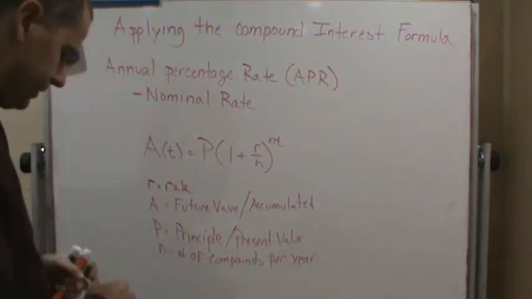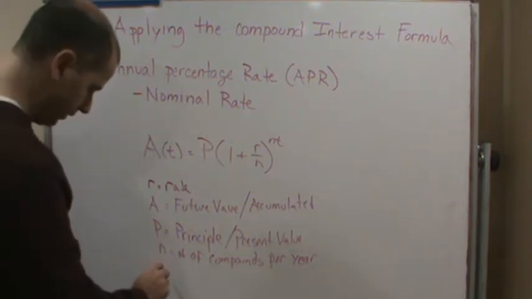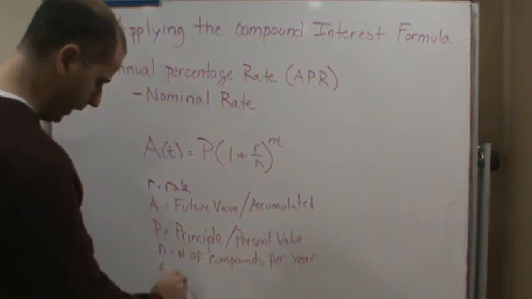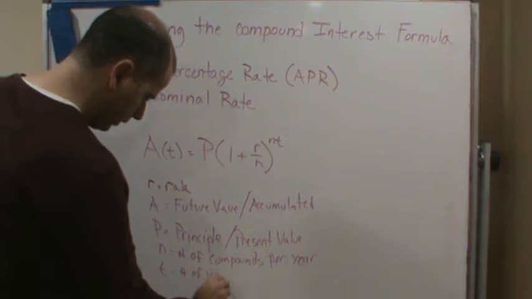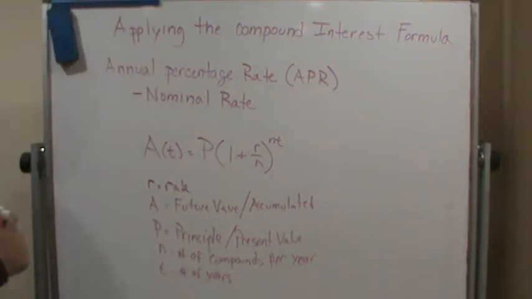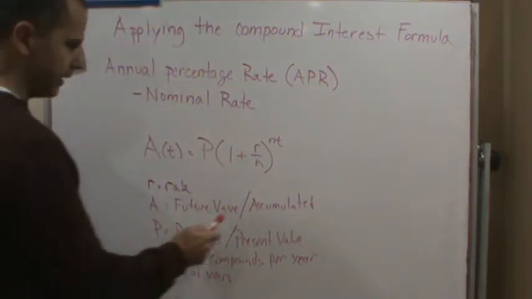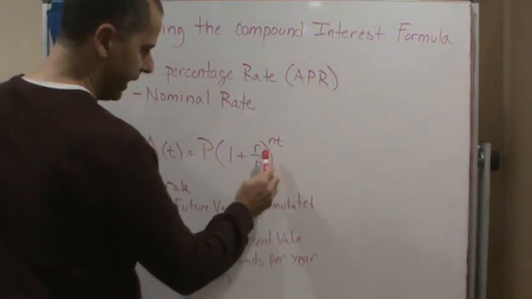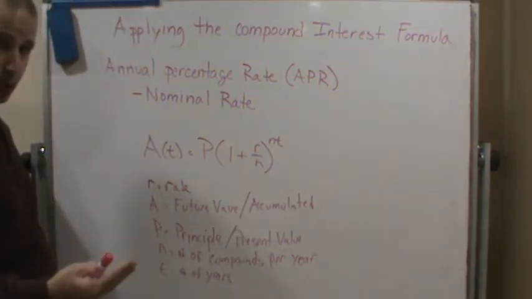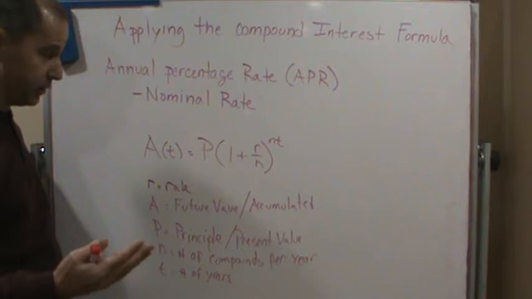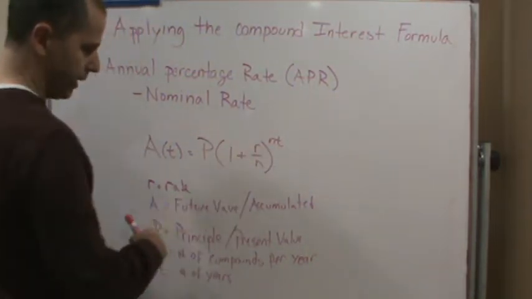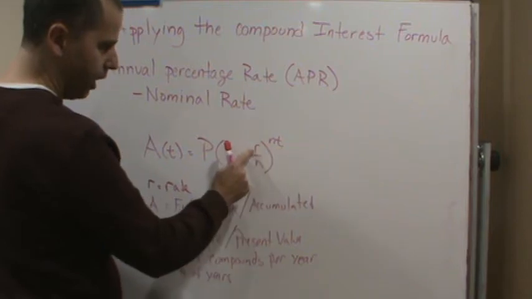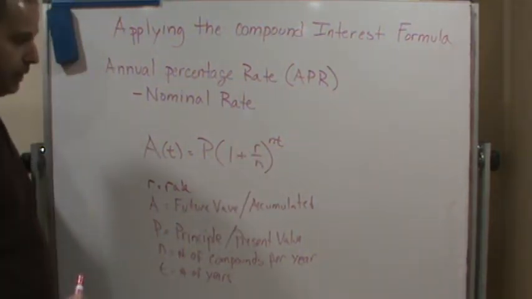And T is the number of years that go by. Incidentally, T and R must agree on the units. If T is the number of years, R has to be an annual percentage rate.